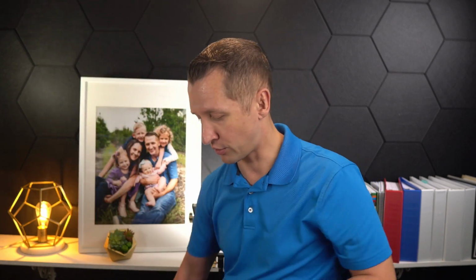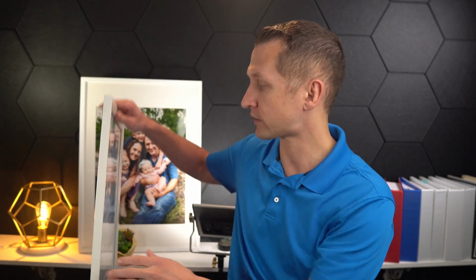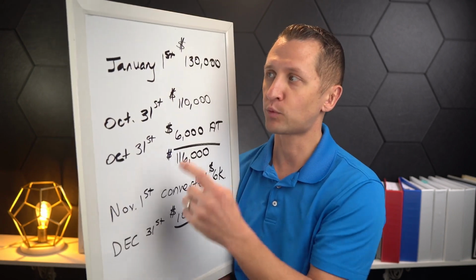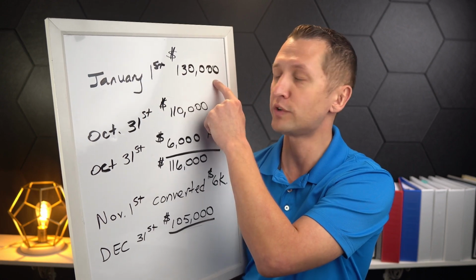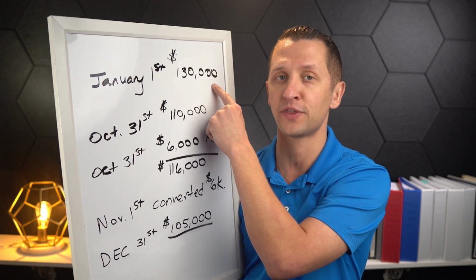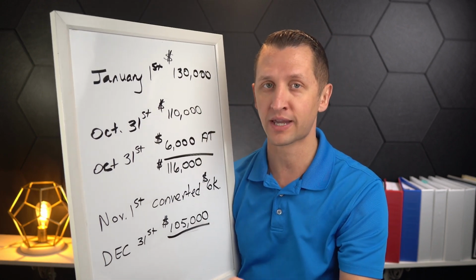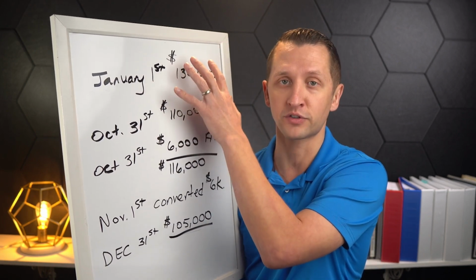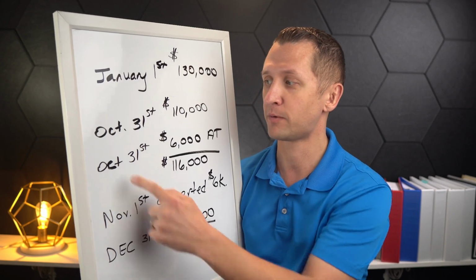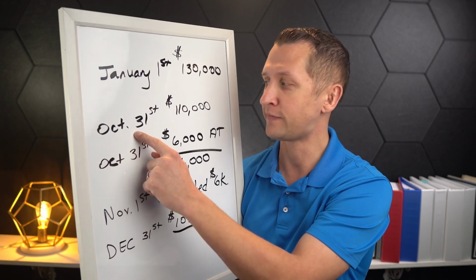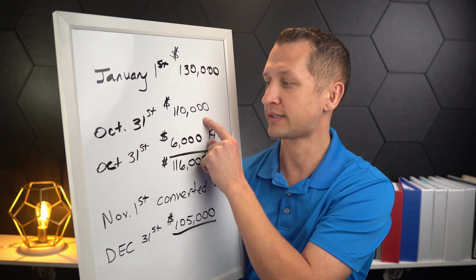So now let's go ahead and go through an example so we can see how this all works. We're going to start with numbers on January 1st of that taxable year, with a total IRA balance of $130,000. Now, there are no after-tax dollars as a part of this $130,000. It is 100% pre-tax dollars in this example. On October 31st, it drops to $110,000.